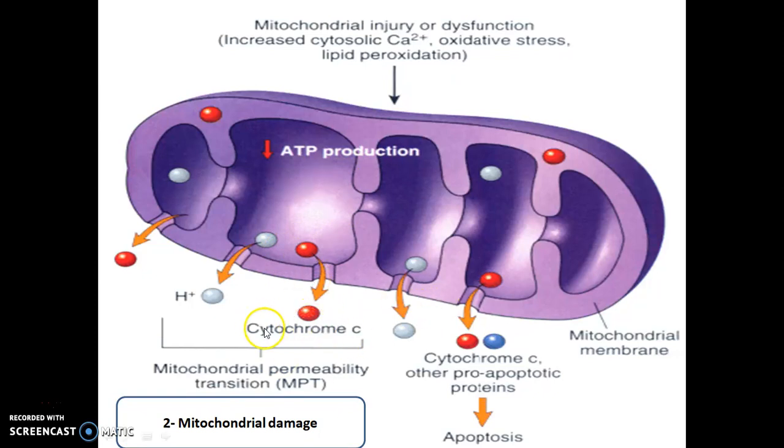Cytochrome C has a role in apoptosis, which we will discuss later in my day 4 lecture, most probably. Along with cytochrome C, there is a release of other pro-apoptotic proteins, which also have a role in apoptosis.